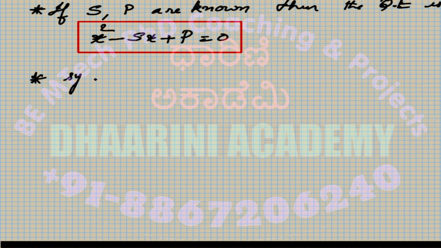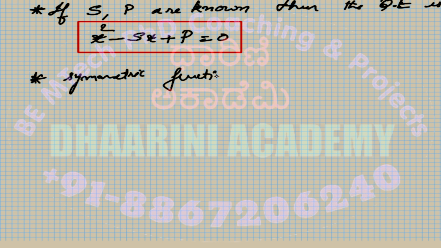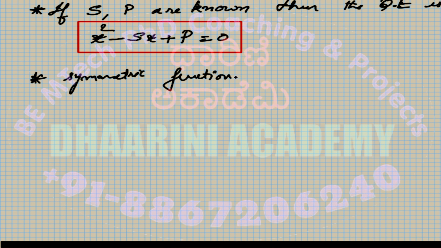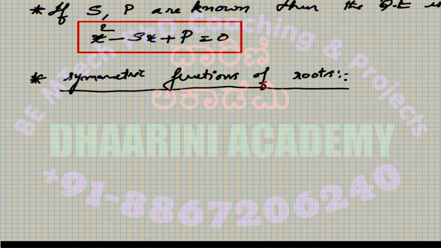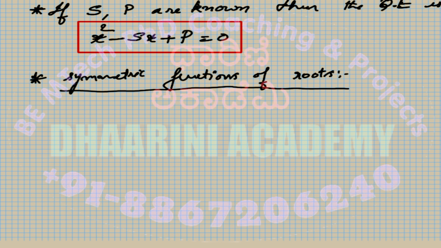It's called symmetric functions of roots. Let us say a function of alpha and beta is said to be a symmetric function if it remains unchanged when alpha and beta are interchanged.